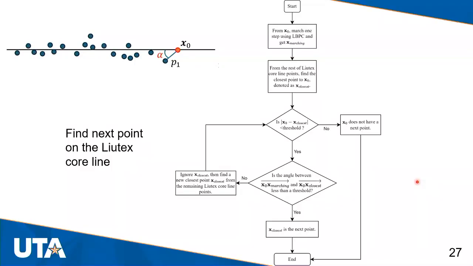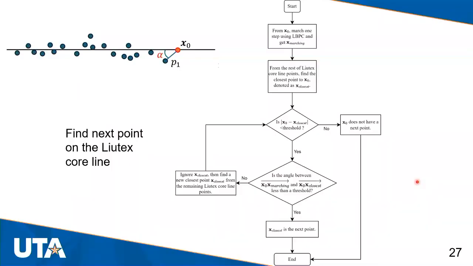For example, we randomly select one point, and of course we have a threshold. We find if its closest point is within our given threshold, right? Because the next point cannot be too far away.